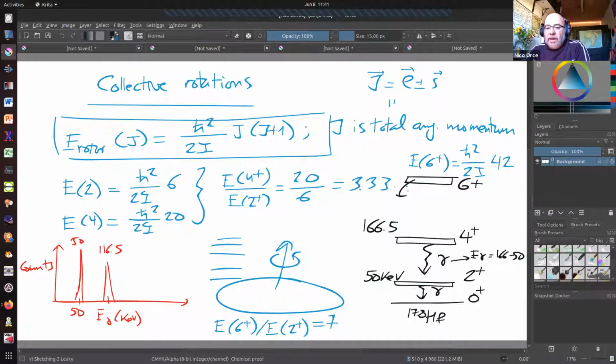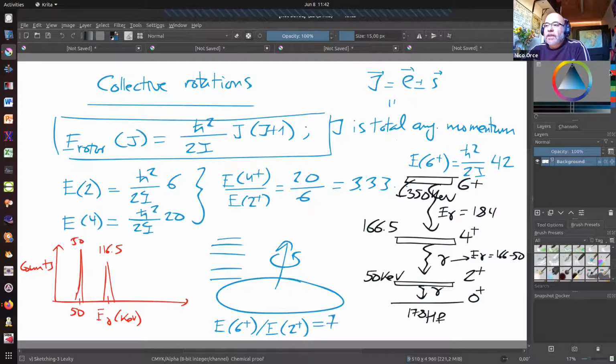Basically, 350 keV. Right? 7 times 50, 350 keV. But the energy here will be 350 minus 166, which is 184. So the energy of the gamma will be 184.